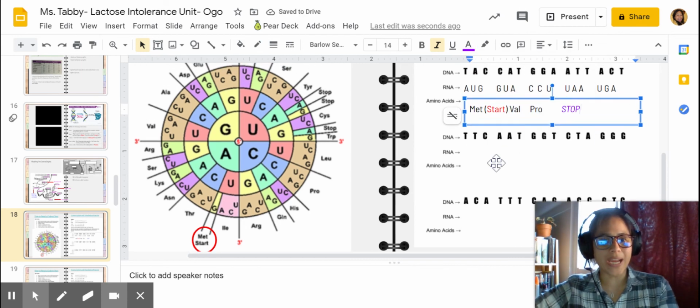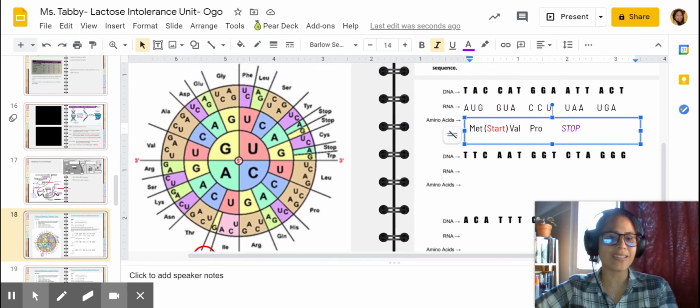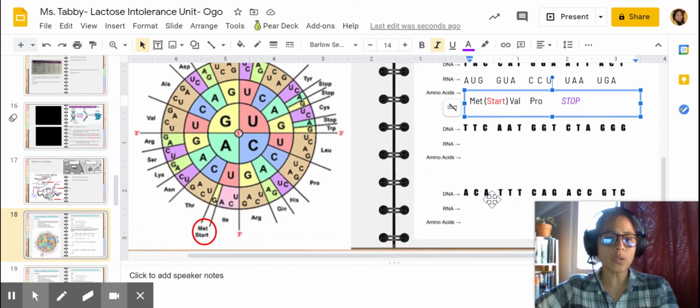I chose this particular chain because it had the start AUG and it had the stop. The other two amino acid chains that you are going to be translating and transcribing do not have a start and do not have a stop, only the first one.